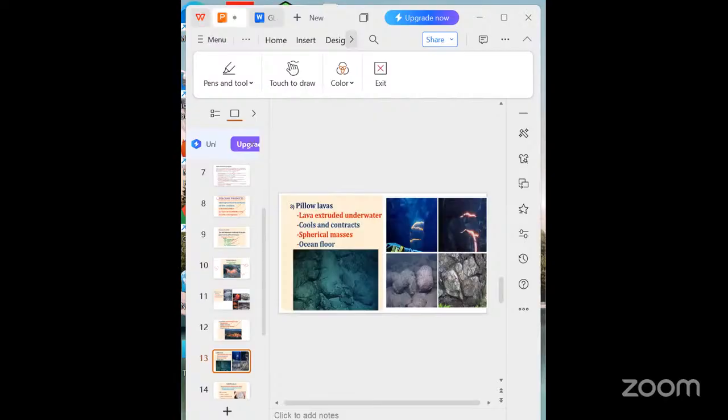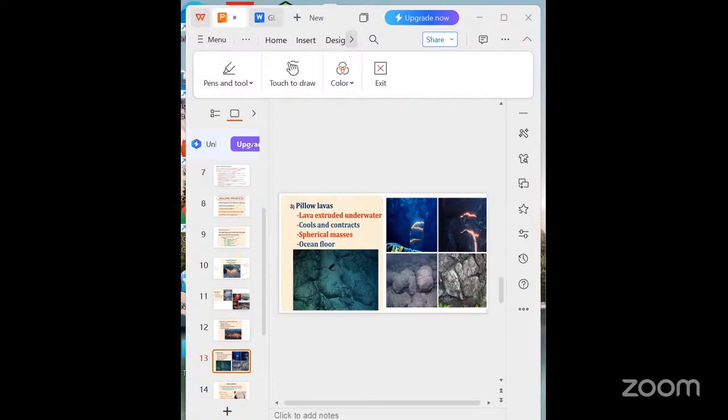And the third one is pillow lava. The lava erupts under water, right? Under water, it cools and contains spherical masses like you see in this picture, and these cool under oceanic floor, right?